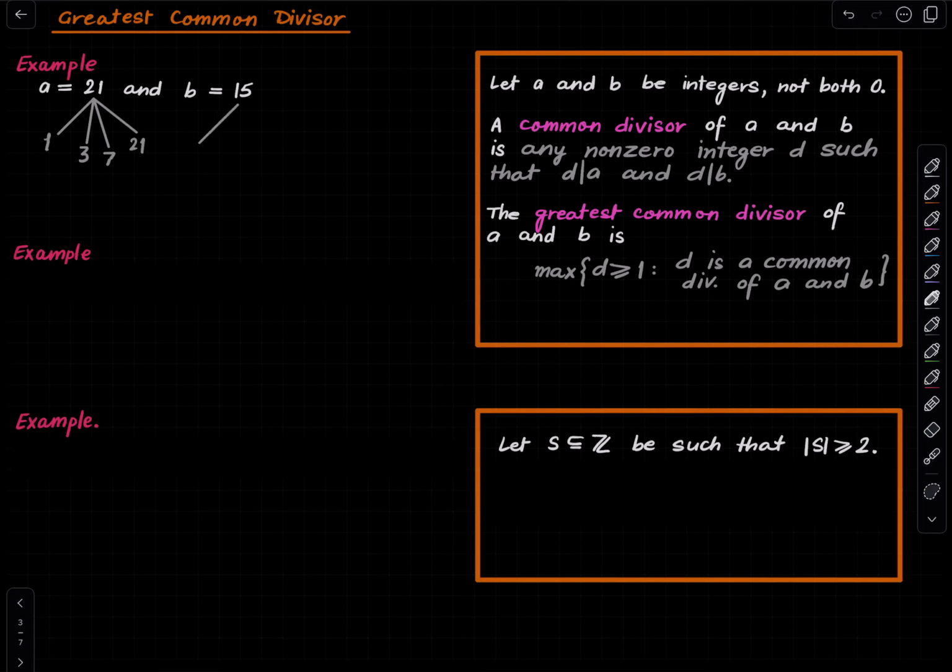What are the divisors of 15? Again, it also has 4 divisors: 1, 3, 5, and 15. And the common divisors are 1 and 3. So the greatest common divisor is 3.